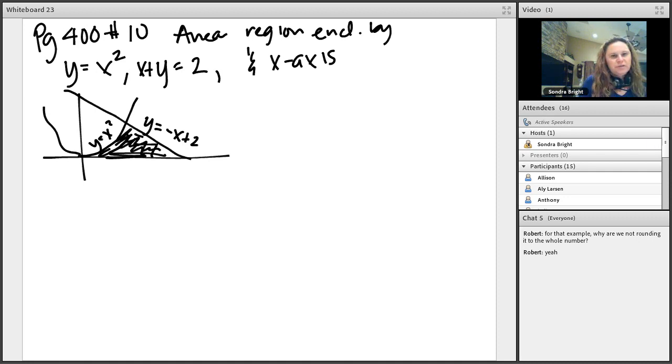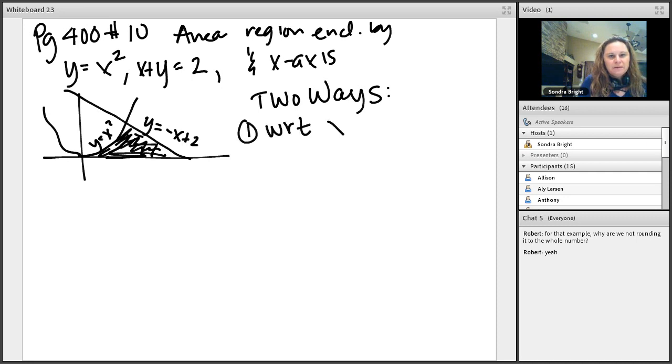Two ways to do it. You could do it with respect to x, and you could do it with respect to y. If you do it with respect to x, then you've got to split this up. You need to partition it, because from this point right here you're going to split it up.